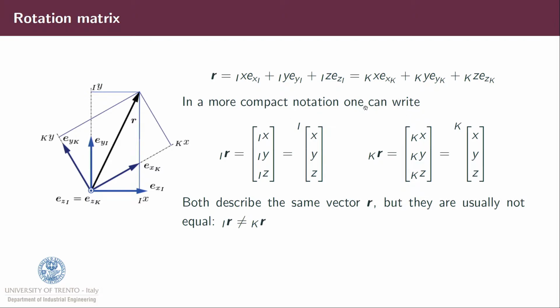In a more compact notation, we can write that the vector r is equal to xi, yi, zi, which are the components x, y, and z in the reference frame i. And also that r in the frame k is equal to xk, yk, and zk, which are the components x, y, and z in the reference frame k. Both describe the same vector r, but they're usually not equal. So r in the frame i is different from r in the frame k.